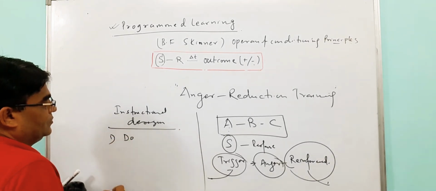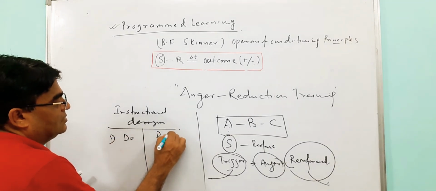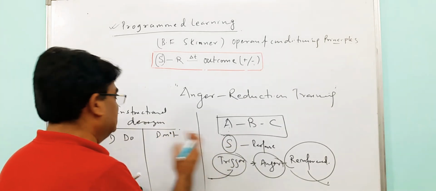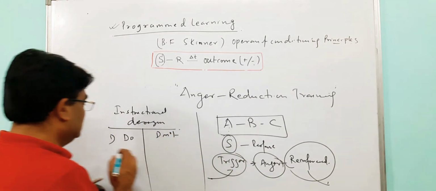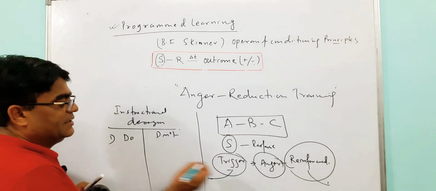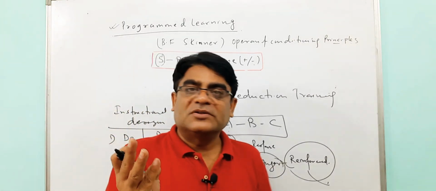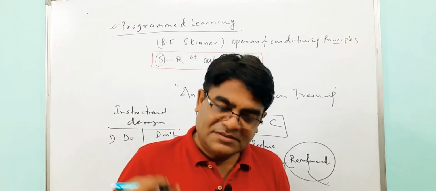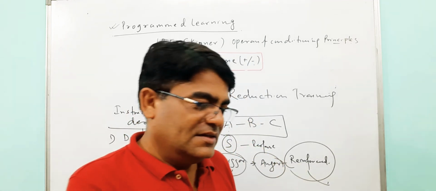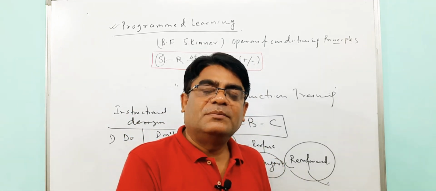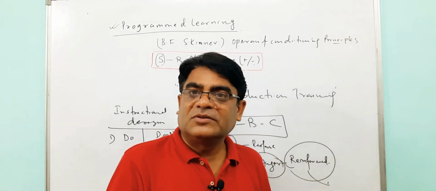Do, don't. In the same way, first of all, identify what makes you angry, the trigger. One possibility is that you avoid this thing. The second thing is that you be there, but delay your response, control your response.